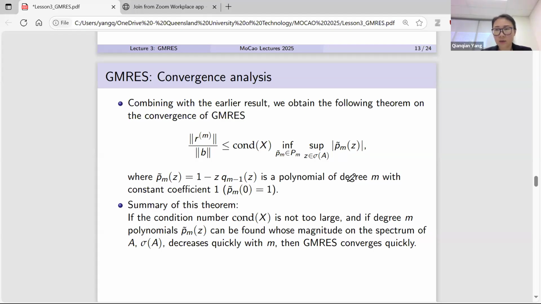So that's what we learned from this theorem. In the end, it really depends on the properties of our matrix A.